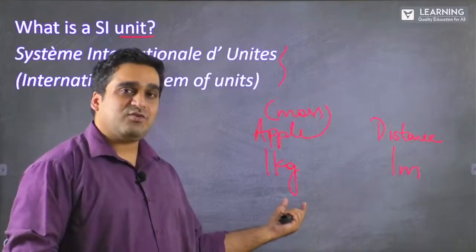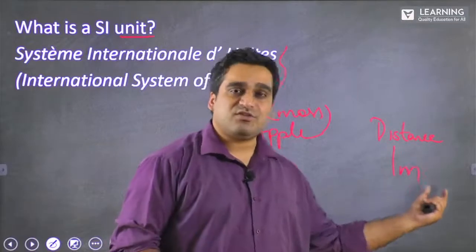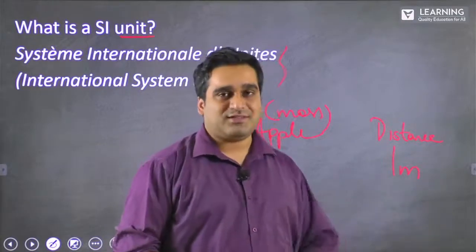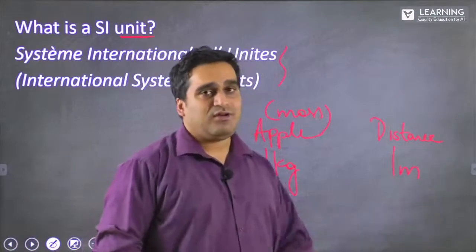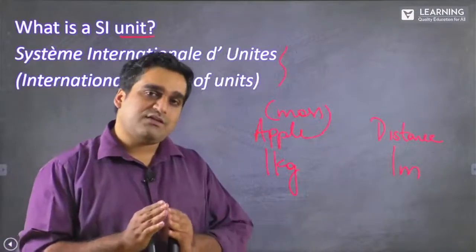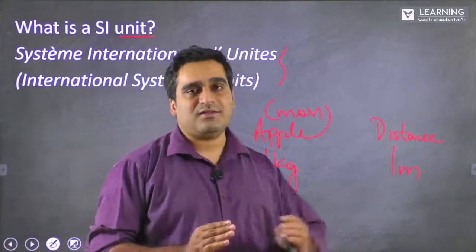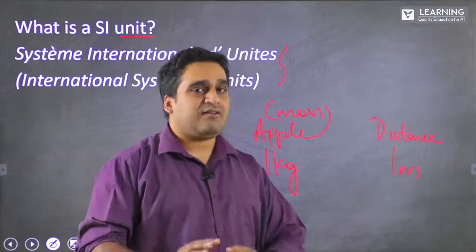Kg is used to denote mass. Meter is used to denote length. So these units are very important when it comes to comparing one physical quantity with another. A value itself does not have meaning.